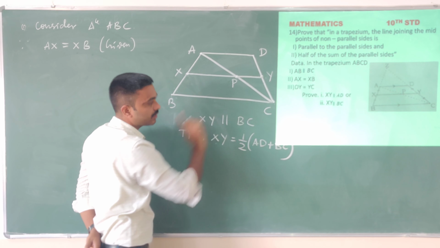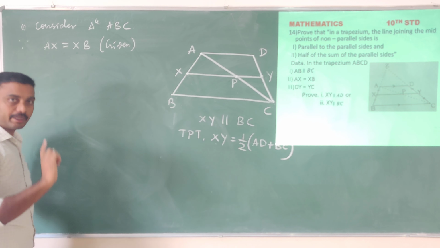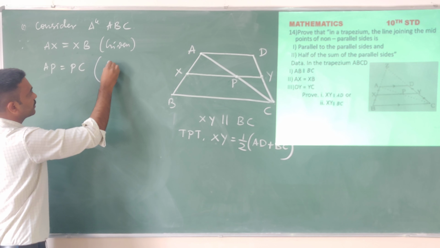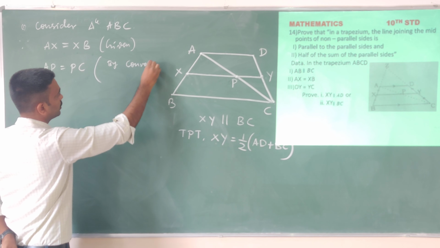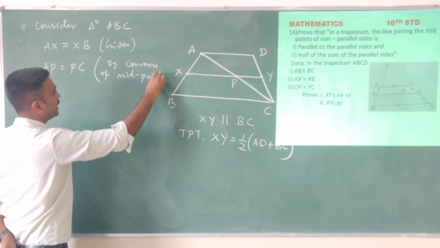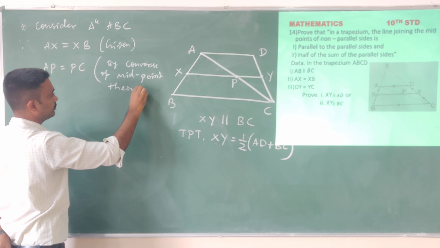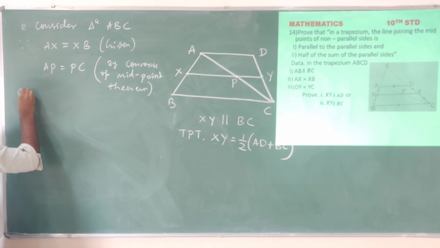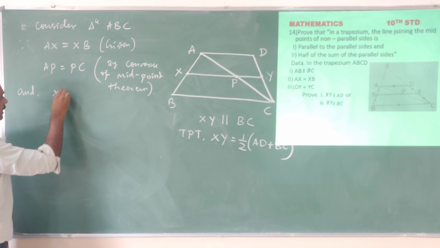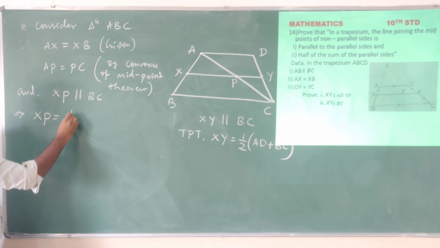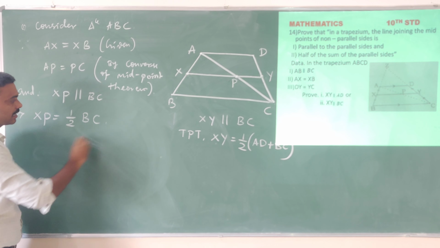So AP is equal to PC by the converse of the midpoint theorem, and also XP is parallel to BC, which implies XP is equal to half of the parallel side BC.